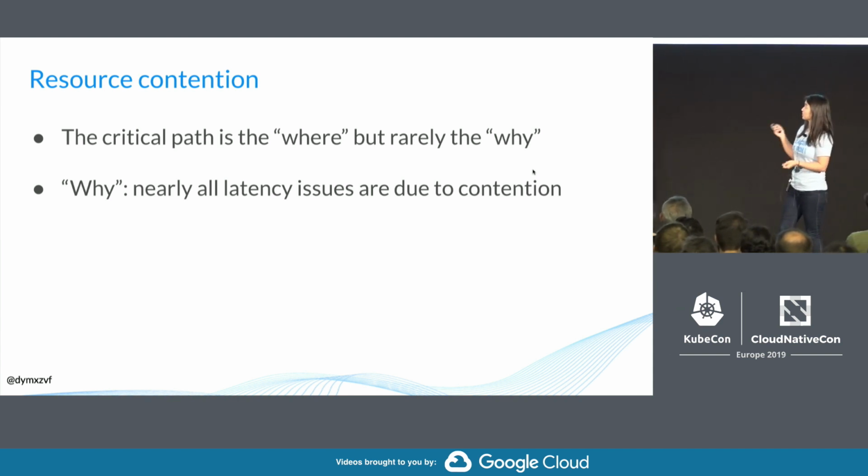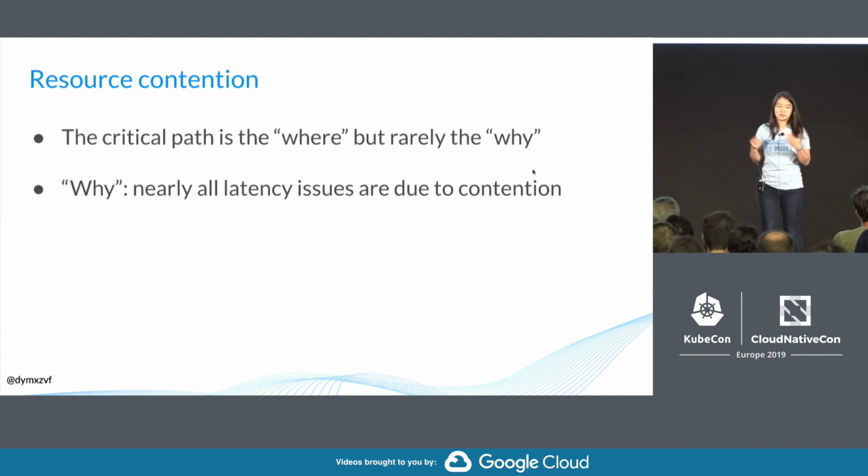And there's a bold statement here that I'm basically making in order to make my demo and my example work, and I think it's true for most of the time, is that nearly all latency issues, remember we're focused on studying latency in this performance investigation, nearly all latency issues are due to some sort of contention. In this example, I'm going to go into it very soon.